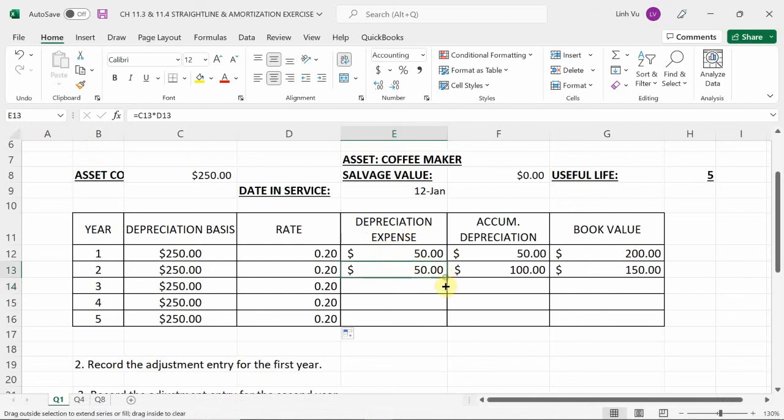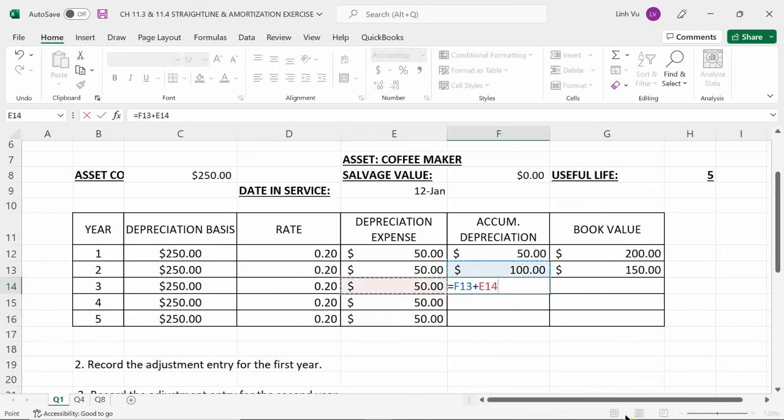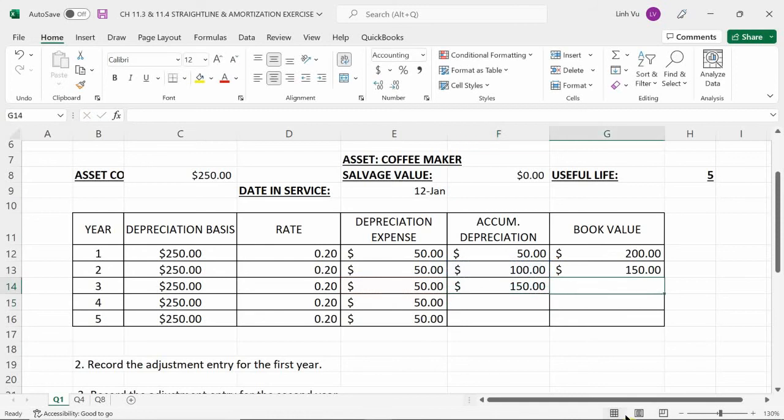Because if your basis and your rate are the same, so will your depreciation expense. So therefore, what's my accumulated for the third year? 150. So therefore, what's my book value going to be? 100. Good. Okay. So what's my accumulated depreciation for year 4?